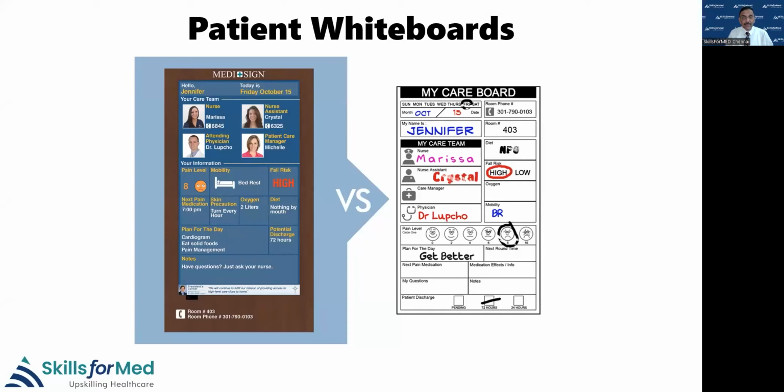You talk to the patients and relatives and ask, what is the plan for you today? The patients have certain goals to achieve. And the patients can also write their questions so that they don't forget them when the doctor comes on rounds. So it's a very, very important tool. It helps you on rounds as well as in handing over.